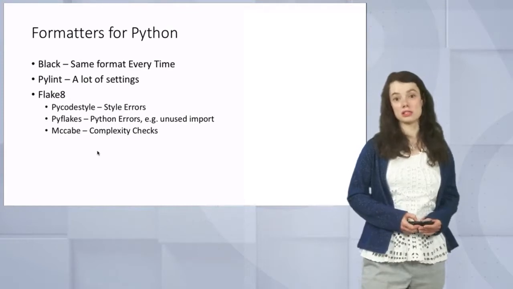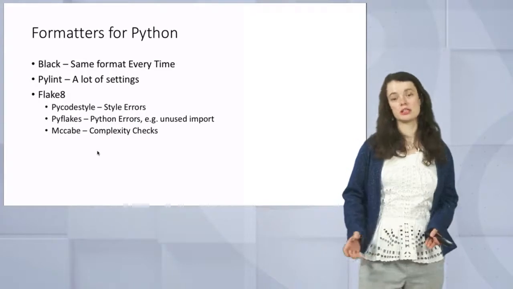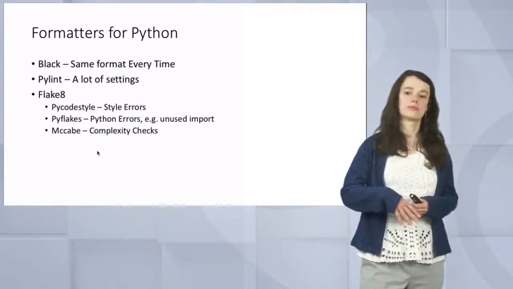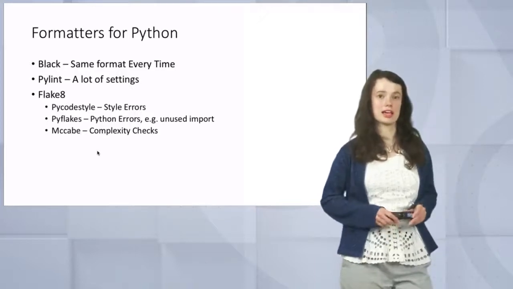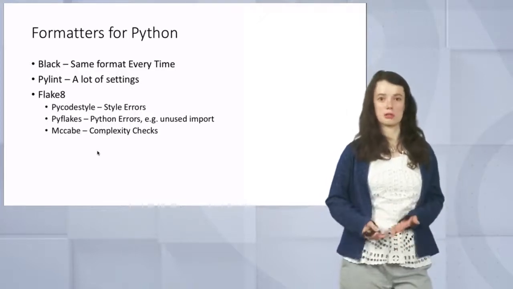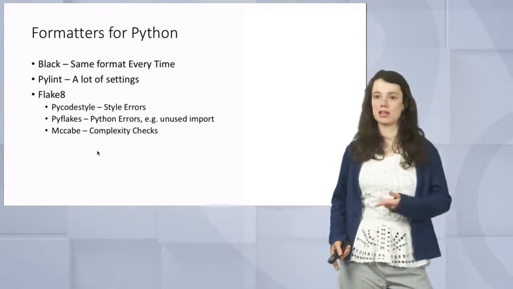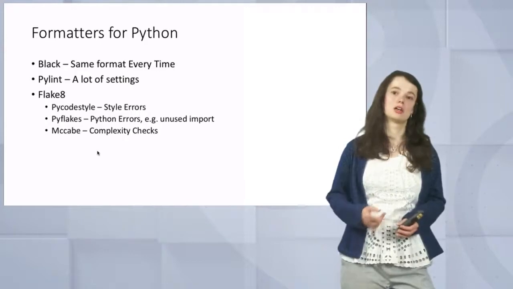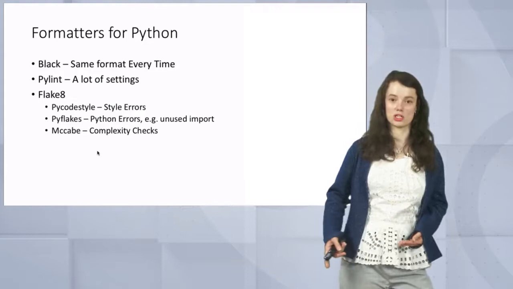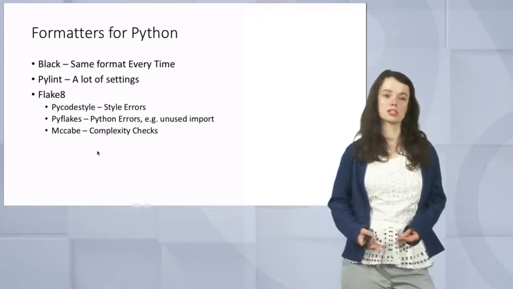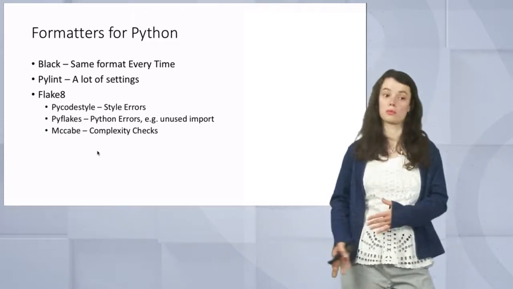It has a lot of settings, and you can store these settings in a file and share it with your colleagues. And the last is Flake8. It contains several libraries like PyCodeStyle, which checks your style errors, PyFlakes, which checks Python errors, and McCabe for complexity checks. With complexity checks, you may check whether your code is nice or not.